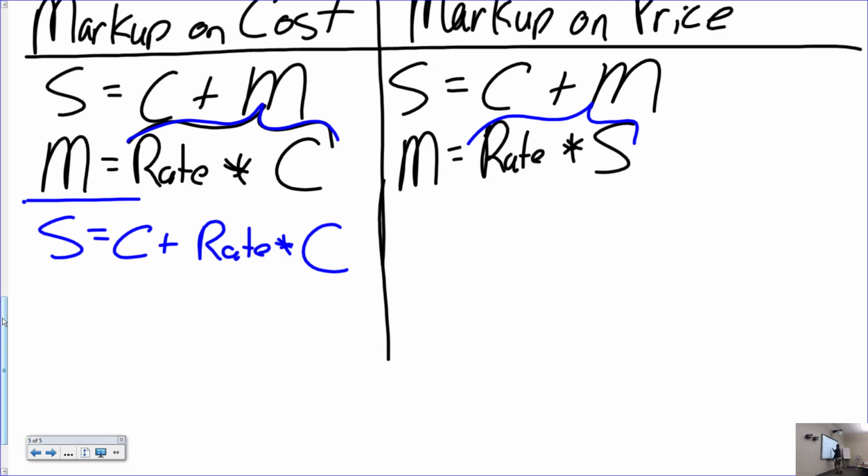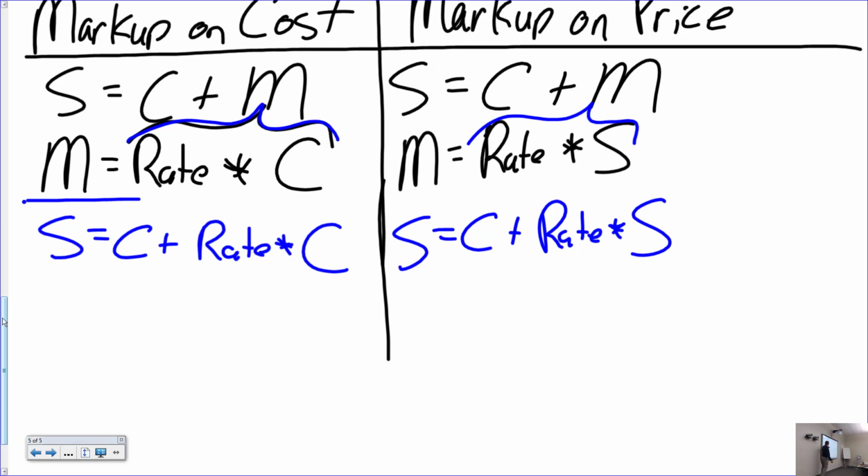Over here, this is why this one tends to be a little bit scary, because this is not a percent markup scheme. It's not a percent increase, even though what we're talking about is a markup. And the idea is that we are going to manipulate these two algebraic equations to come up with some formulas that will simplify our lives when we are dealing with these types of problems.